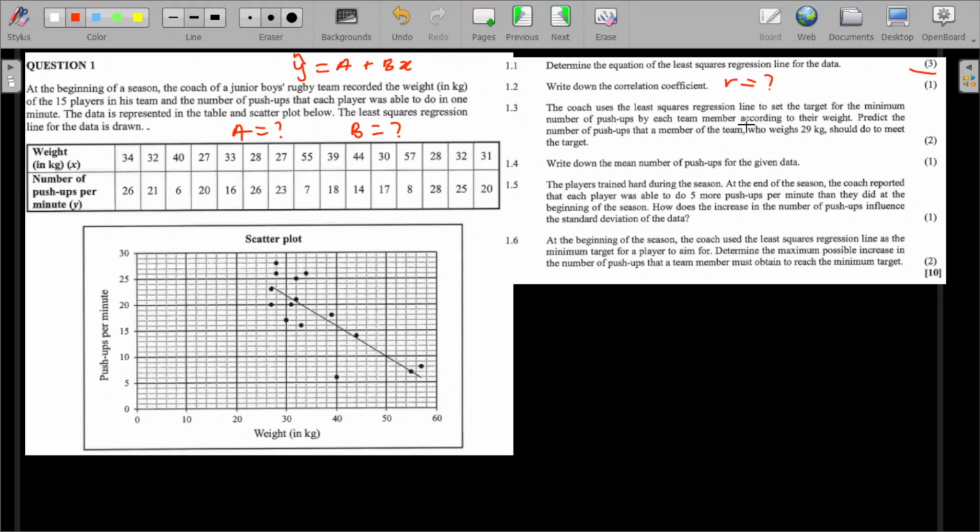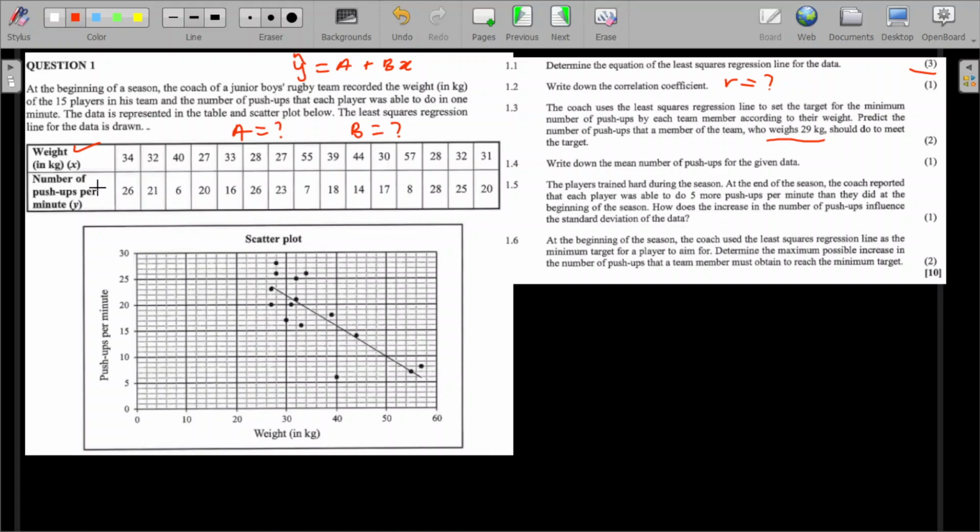The coach uses the least squares regression line to set the target of the minimum number of push-ups by each team member according to their weight. Predict the number of push-ups for the member of the team who weighs 29 kg. Again, you have your regression line. In my table, I know the weight is x, so you take 29, substitute it in your equation, and you get y.